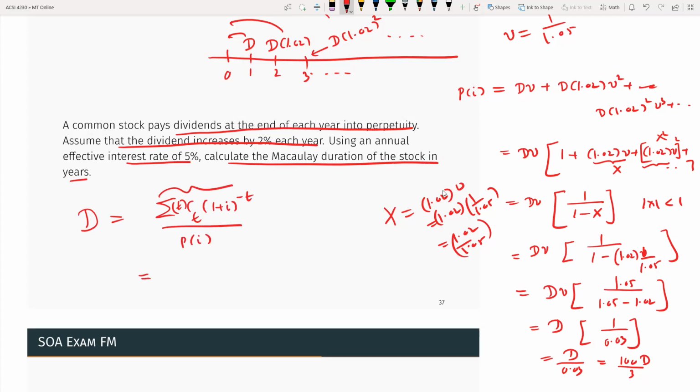That's going to be 1 times D times V, so let's write that way, 1 times dV. Then the next one is 2 times dV squared, and so forth. It goes to infinity, over the price.